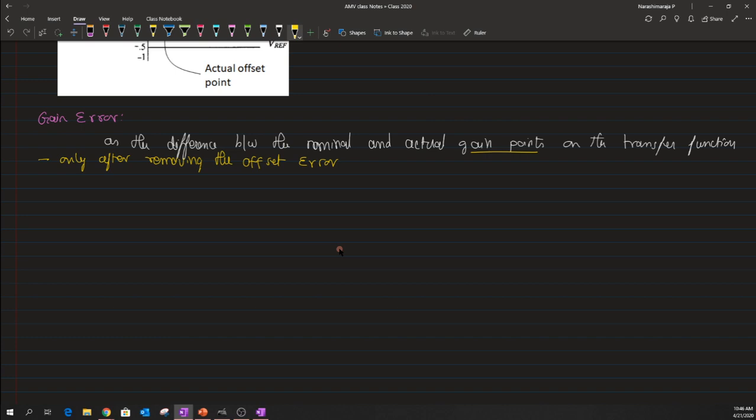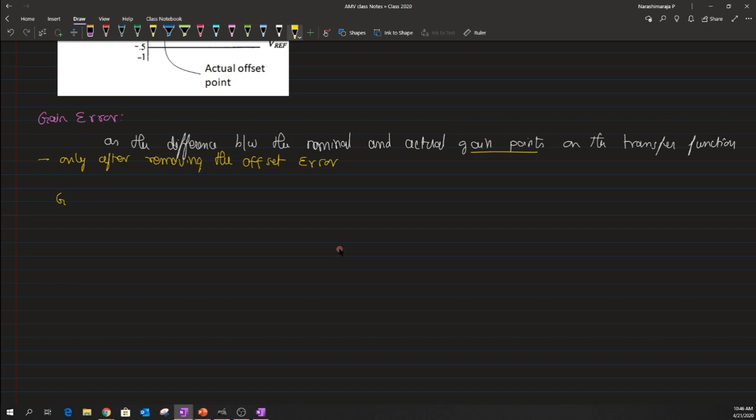So again, let me start with the definition of gain point with respect to a DAC first, and then later I will try to define the gain point with respect to an ADC next.